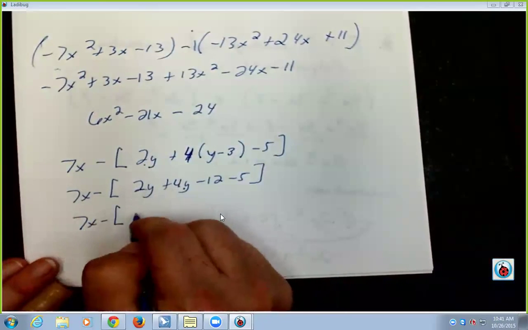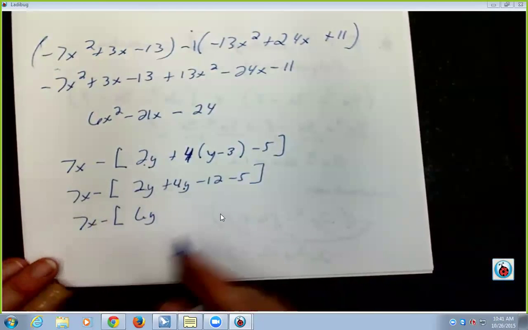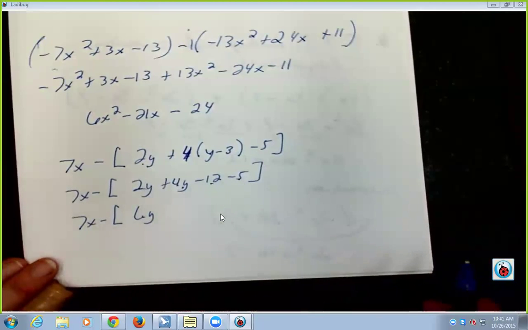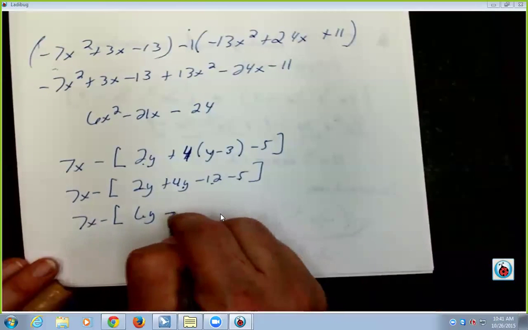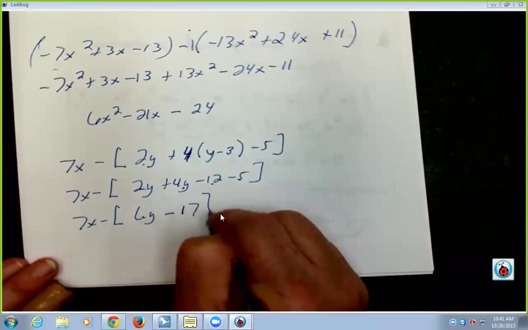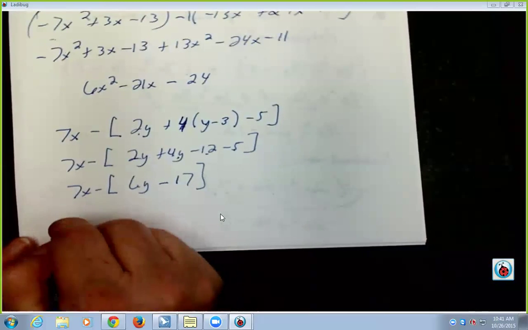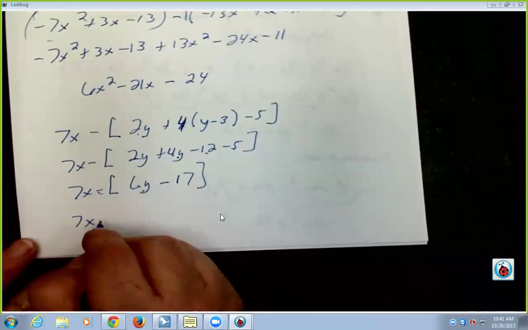2y and 4y is 6y. Negative 12 and a negative 5 is a negative 17. And then the last piece I need to do is change all my signs.